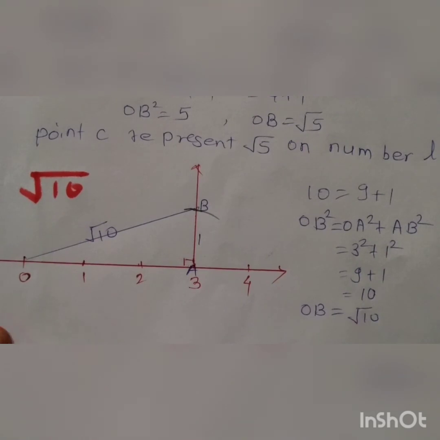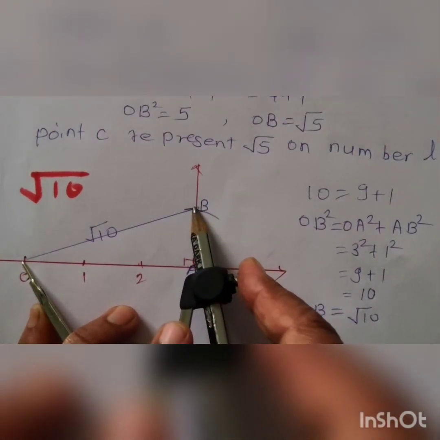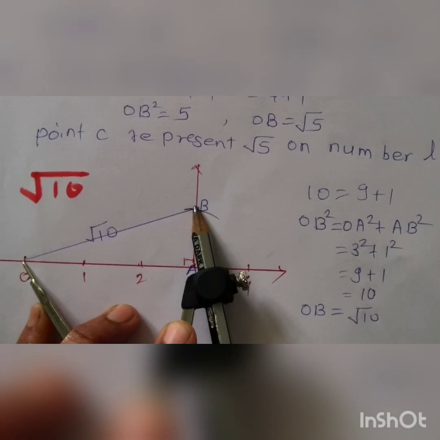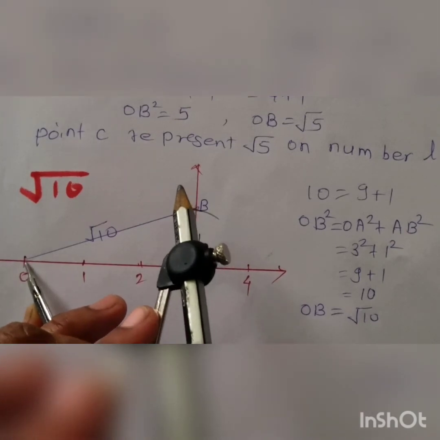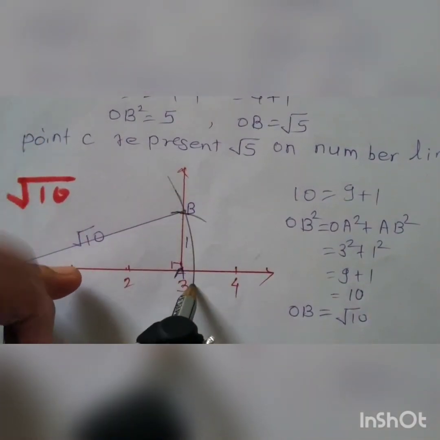And now we have to construct an arc of radius root 10. Means taking O as center and OB as radius, the distance between two ends of compass is root 10 unit. Construct the arc passing through this point and intersecting the number line.